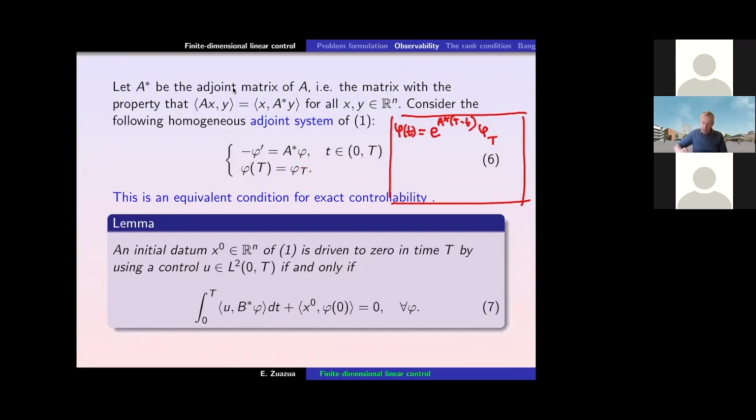On the other hand, when I compute the time derivative of phi, I have to take the time derivative of this exponential. There is a minus coming out. There is an A star coming out, and I get indeed minus A star phi.